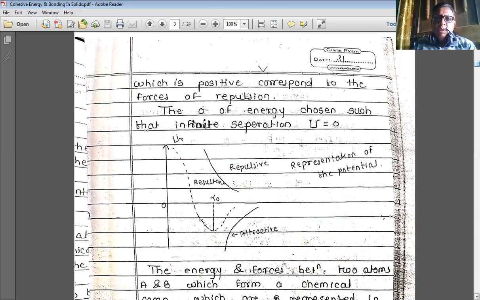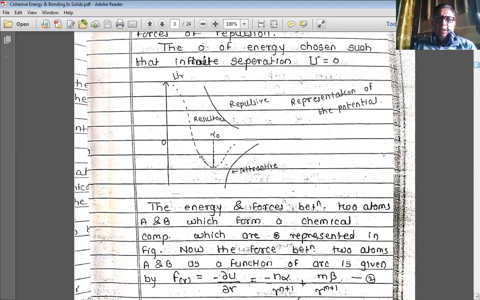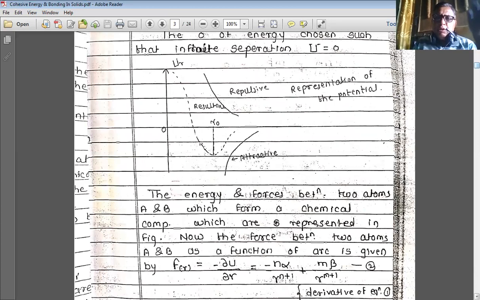This is the representation of the attractive and repulsive potentials. So the energy and force between two atoms A and B, which form a chemical compound, are represented in the figure.